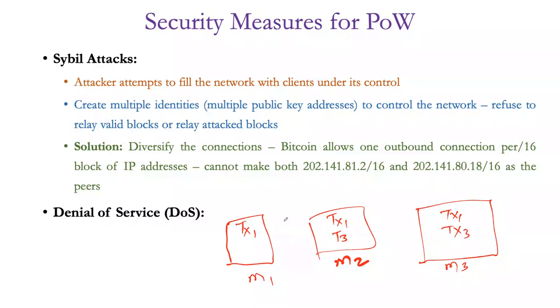When it is broadcasted, it comes to miner 1 also. But suppose miner 1 intentionally does not include the transaction of miner 3 in its proposed block.